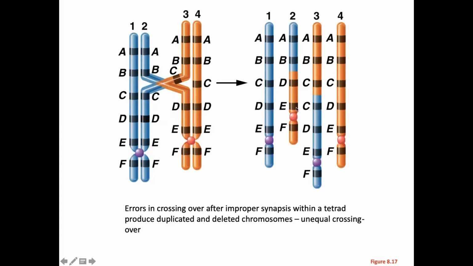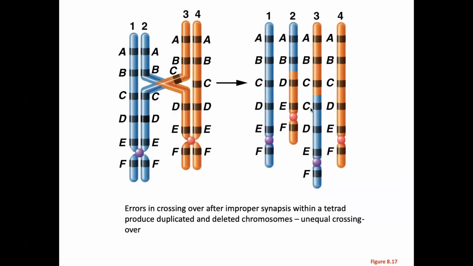Chromatid 2 is now deleted for the C region, and chromatid 3, which will end up in a gamete, is now duplicated for the C region. This process, called unequal crossing over, occurs because of an error in recombination during a meiotic event. It gives rise to both duplicated and deleted versions of chromosomes, which can then be transmitted to offspring. So it's a much more significant mechanism for creating these chromosome abnormalities than the previous two mechanisms that I've described.